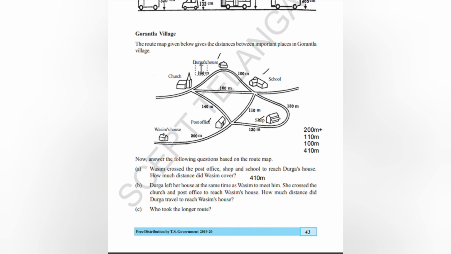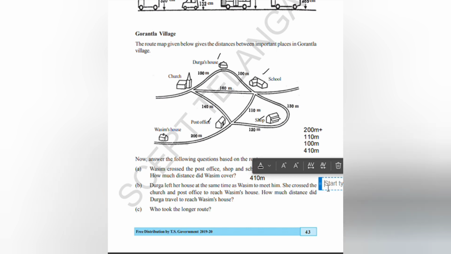So in this question we have to know about the distance of the church and also the post office. The distance of the church is 100 meter.